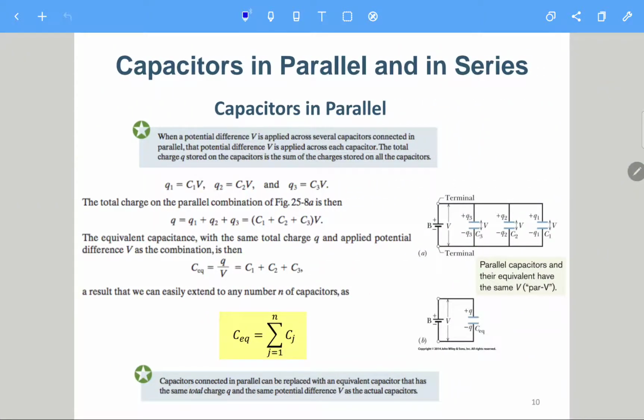Okay. So here we talk about some simple calculations about capacitance, which is the parallel and series. I think you should have learned it in high school.